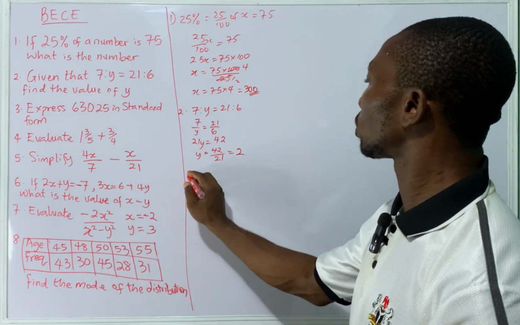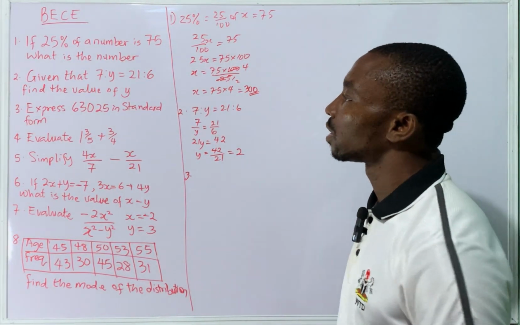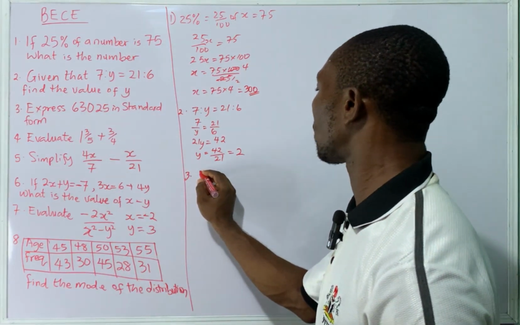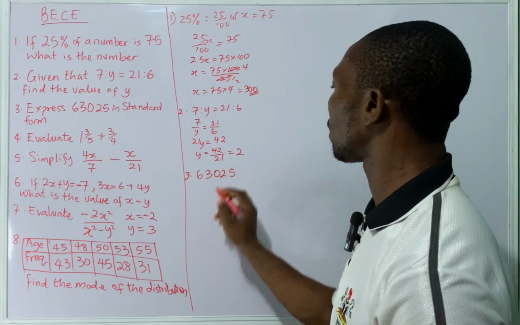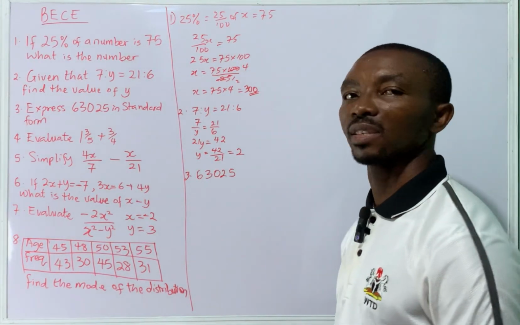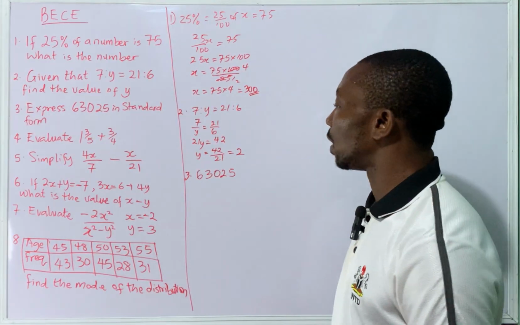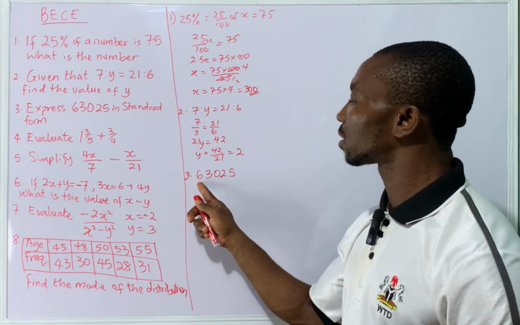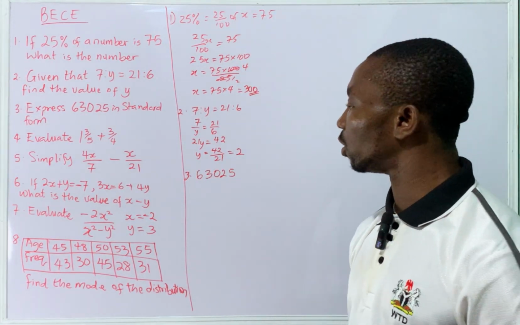All right, question 3 says, express 63025 in standard form. So we have 63025, and we have to express it in standard form. Now, if we're expressing in standard form, it simply means we are going to put a decimal point between the first and second non-zero digit.